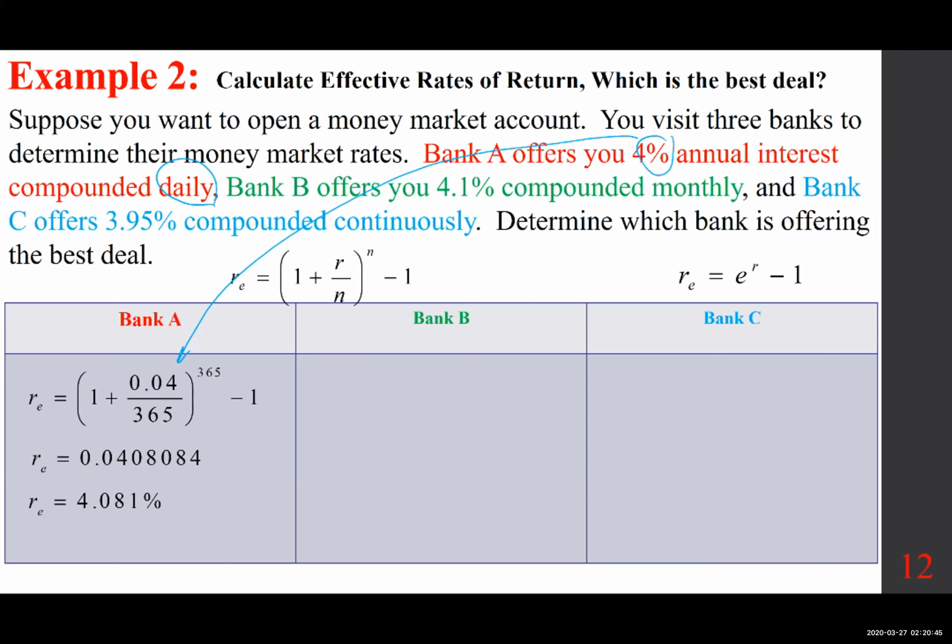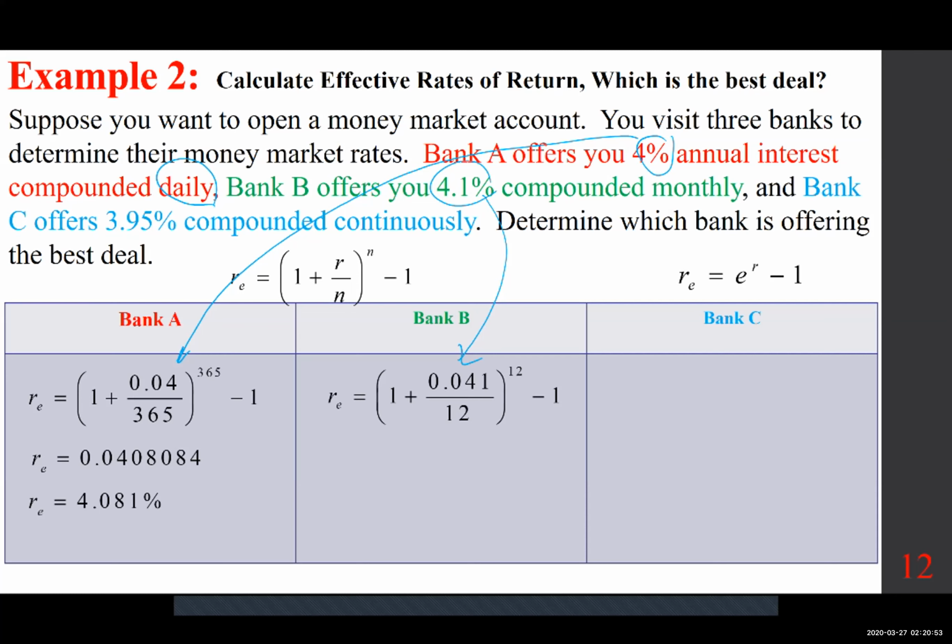With bank B, here's the formula, because you're going to use 4.1% here, and monthly means 12. There are 12 months. Now you put it into a calculator, class. I don't want to waste time on that, but you get the picture, I hope.